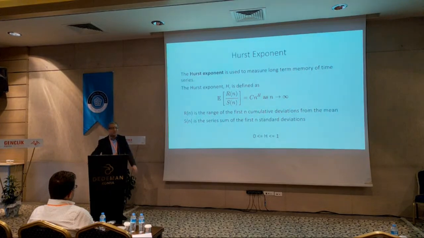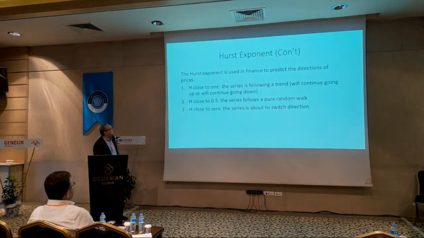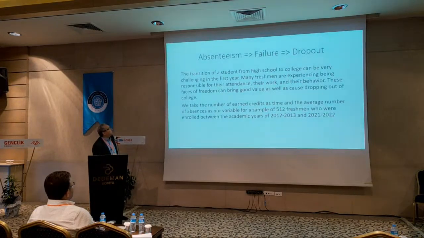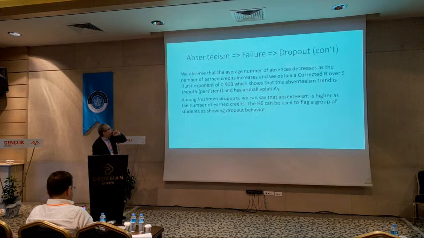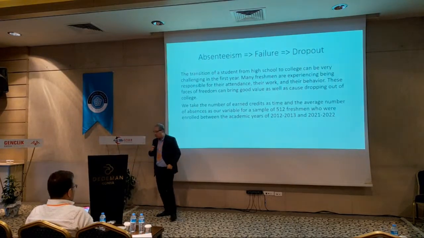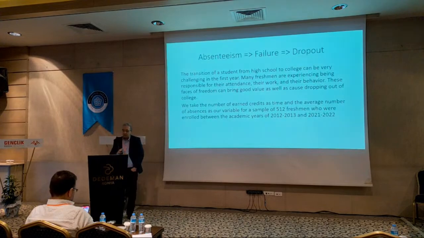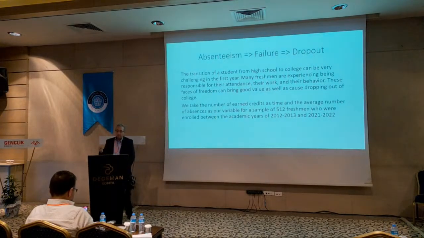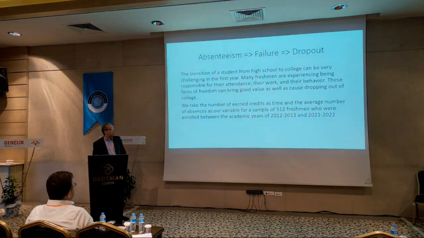So what we did is we picked 512 freshmen, because the highest probability of dropping out is among freshmen. So we focused on freshmen. So we took 512 freshmen who dropped out between 2012 and 2022.